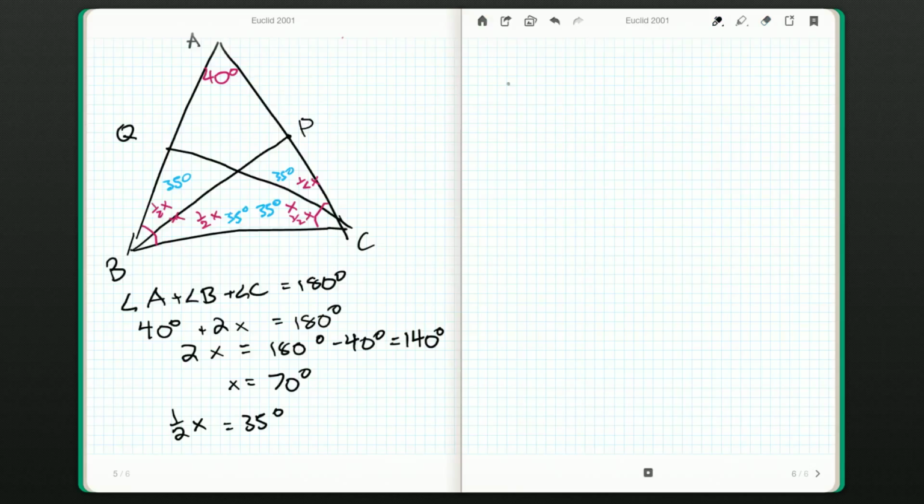So we know the sum of the interior angles in a triangle is 180 degrees. APB, that's the one we want. BAP is the same as angle BAC, and then angle PBA.